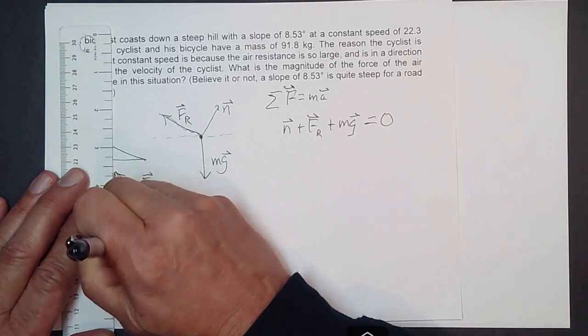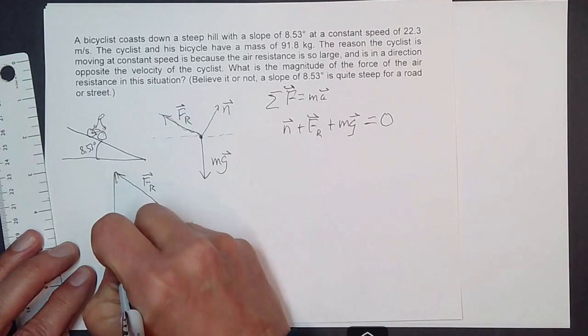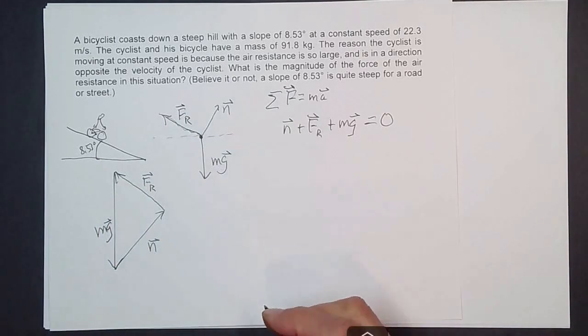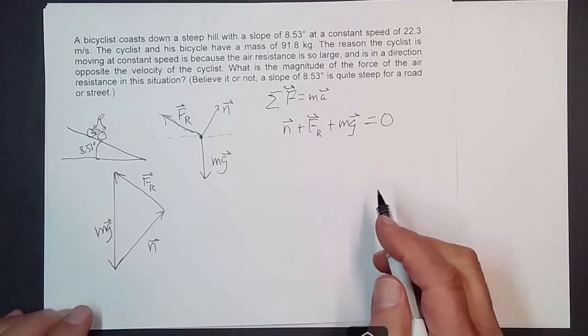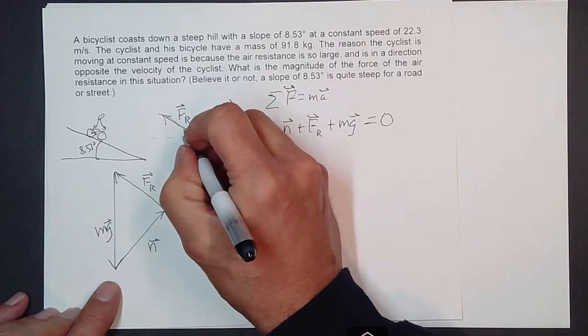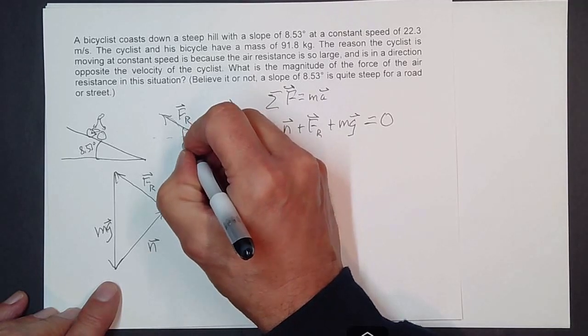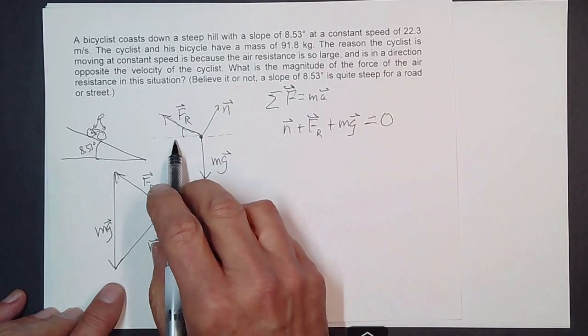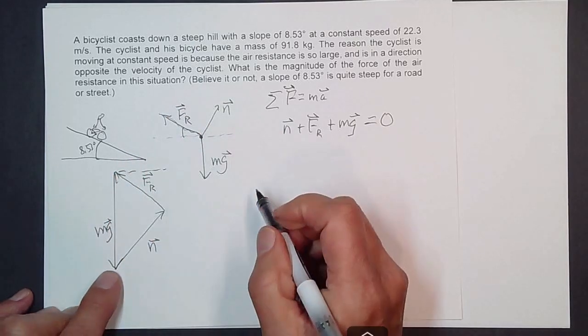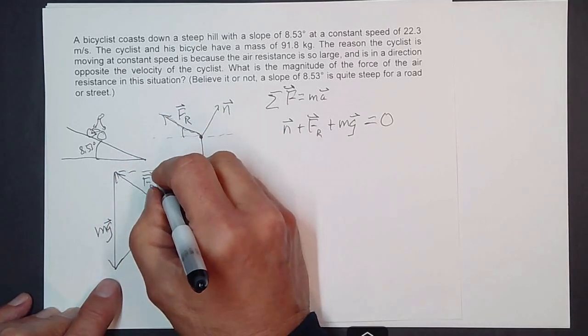So here's mg. Now, somehow we have to get an angle in here that's going to work pretty well. Actually, this thing makes the 8.53 degree angle, and that would be what's up here.